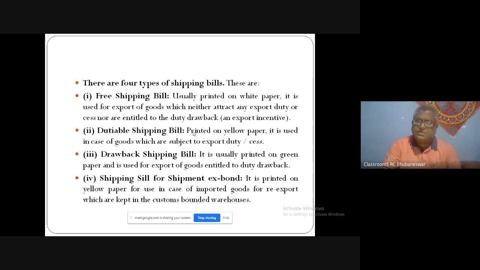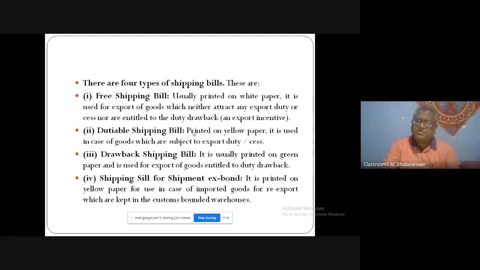The dutiable one is like a yellow paper, for goods on which export duty is required. The drawback shipping bill is like a green paper, related to export of goods plus duty drawback, meaning excise duty drawback.